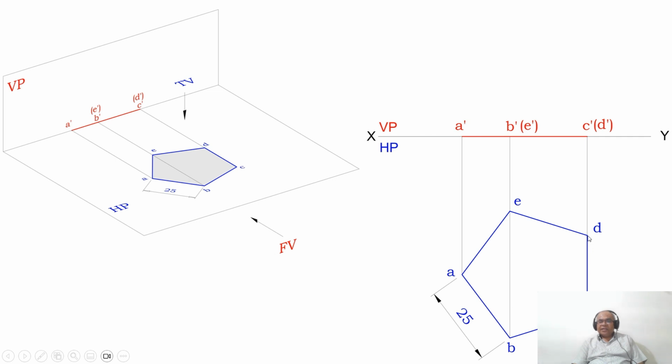Similarly, with D as center, with respect to the vertical line DC, measure an angle of 108 degrees in the clockwise direction with respect to CD and draw an inclined line.